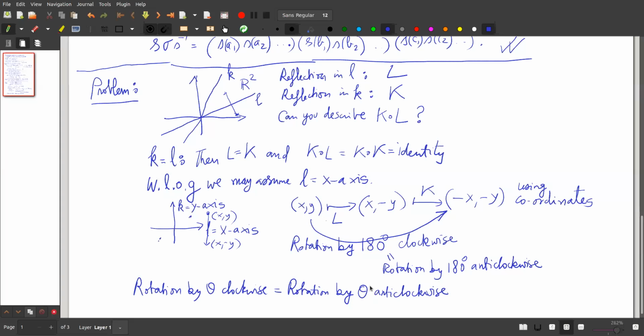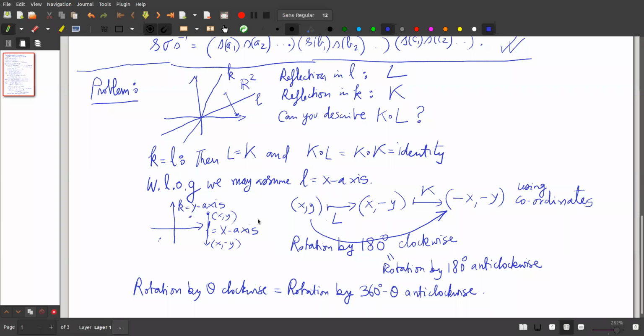Minus theta, so 360, sorry, I made a mistake. So this is 360 minus theta anti-clockwise. So for 180, clockwise or anti-clockwise doesn't matter. Okay, good. So we have a description in this particular case.